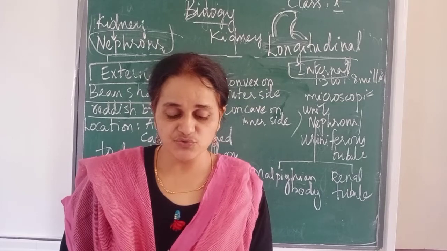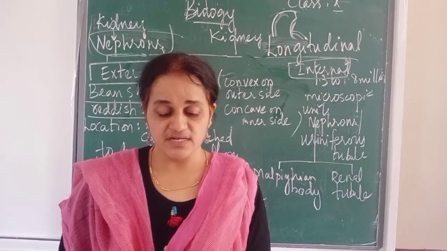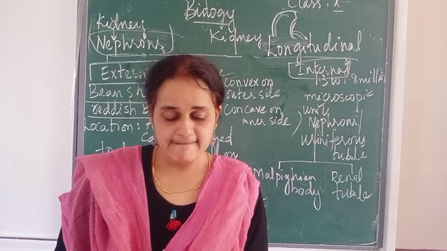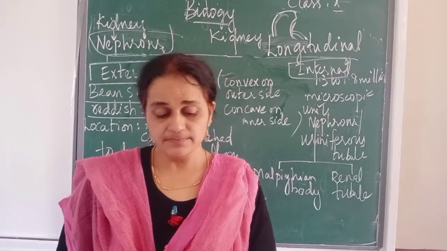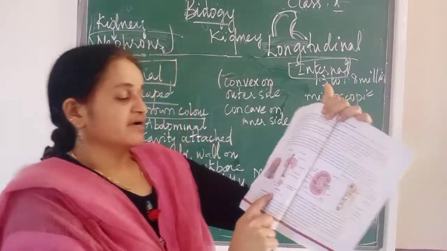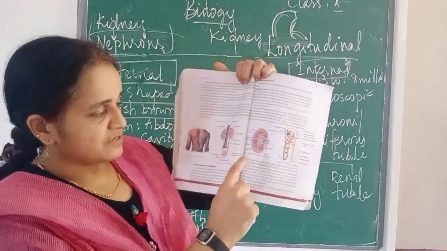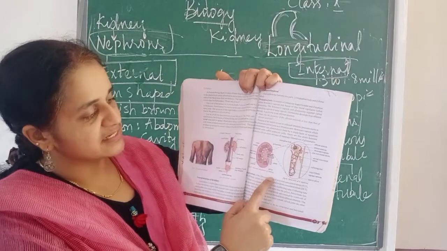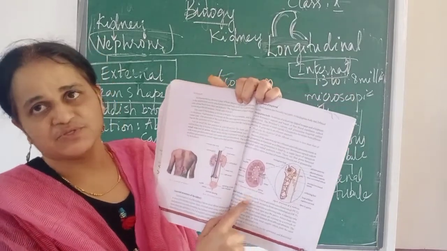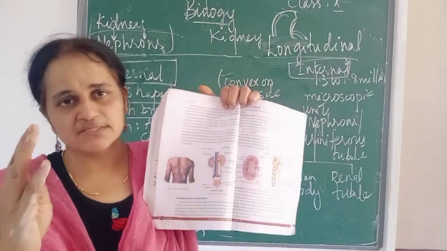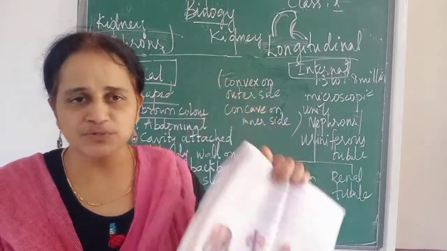Next, the fourth one, why are nephrons called the functional and structural units of kidneys? Already you have started this diagram, isn't it? Excretory system. Now you have to start with the internal structure of kidney. So these are the few things, 2 diagrams and 4 questions. See that you write it in your notes.